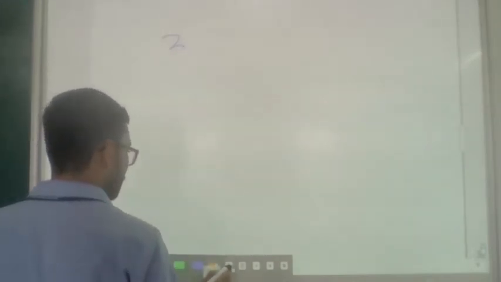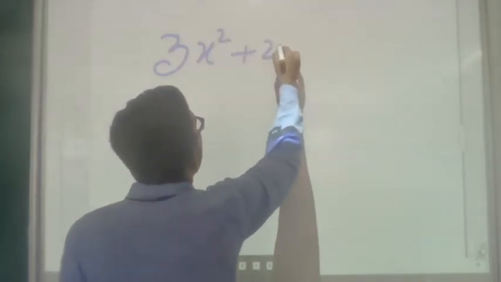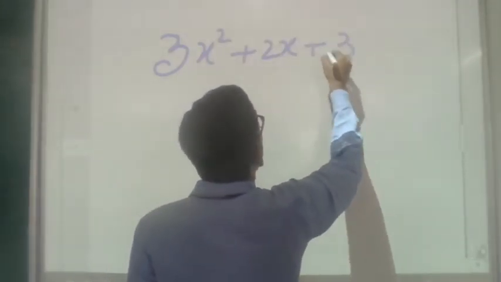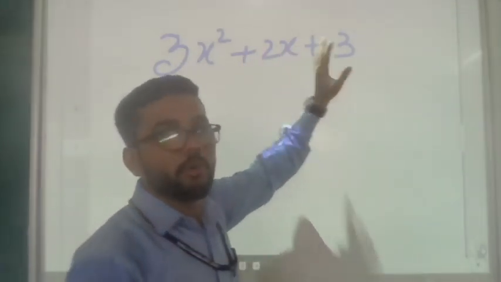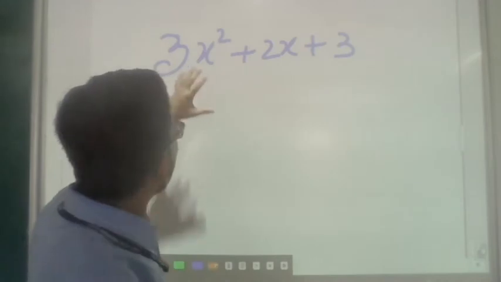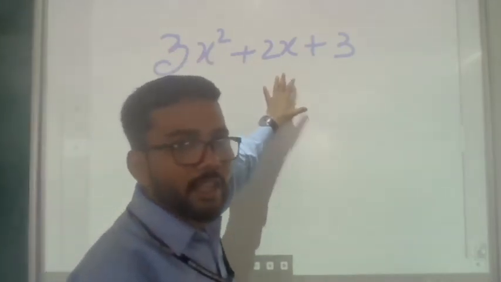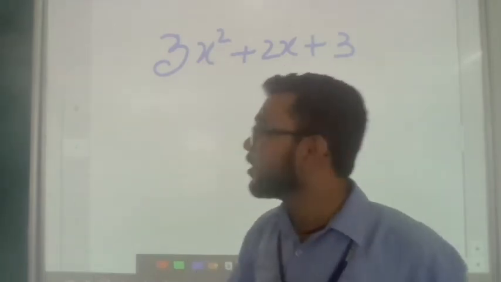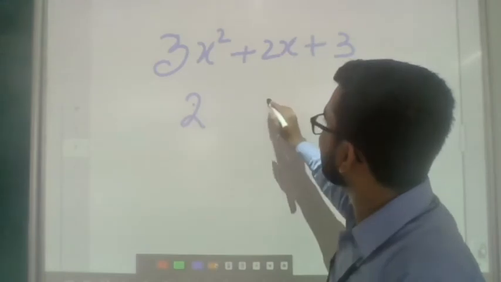like 3x squared plus 2x plus 3. This is an algebraic expression, and it is a polynomial. Why? Because it has coefficients as well as variables, and the power of x here is 2, here the power of x is 1.